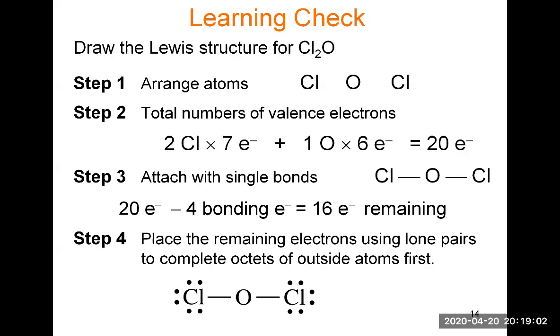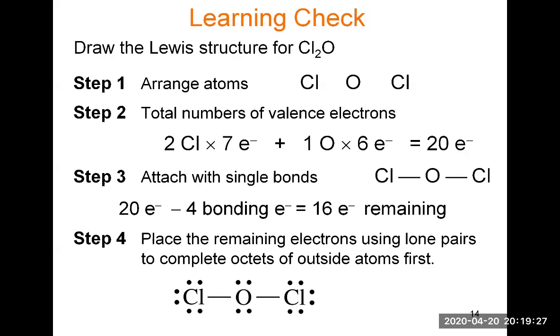Those 4 electrons now will go to oxygen because the chlorines have their octet, they don't need anymore. And the oxygen has only 4 electrons around it, two bonds of 2 electrons each. So you need to give it 4 more electrons. And so we have those 4 more electrons available to give a lone pair to oxygen.